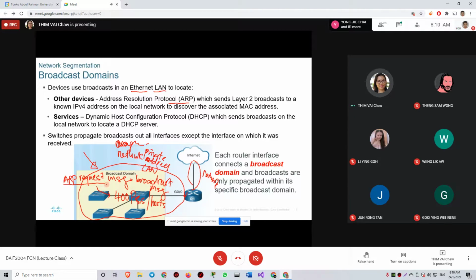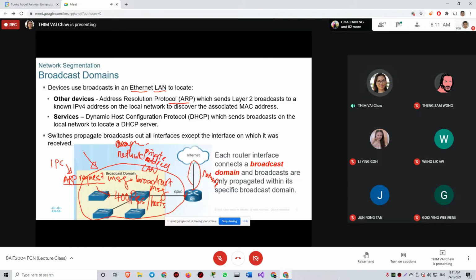If the target IP address does not match their own IP address, then they need to drop that particular ARP request message.